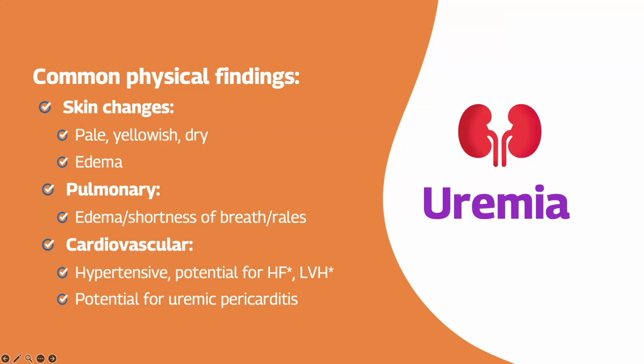And as you can see, we're going to expect to see the patient have left ventricular hypertrophy. In the extremely uremic patient, you may hear a pericardial friction rub or evidence of a pericardial effusion with or without tamponade, which is going to be reflecting uremic pericarditis.